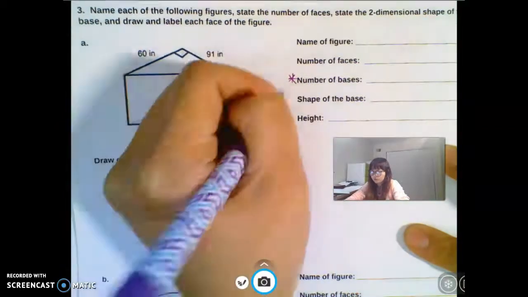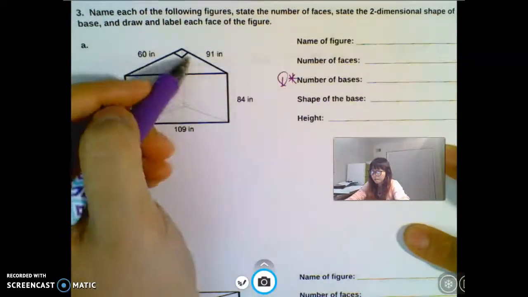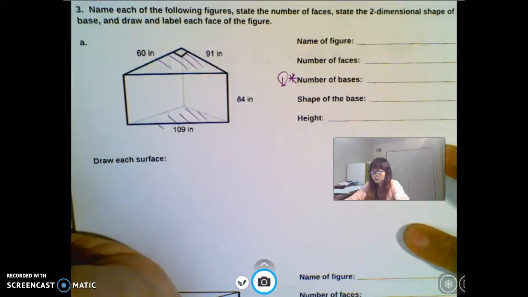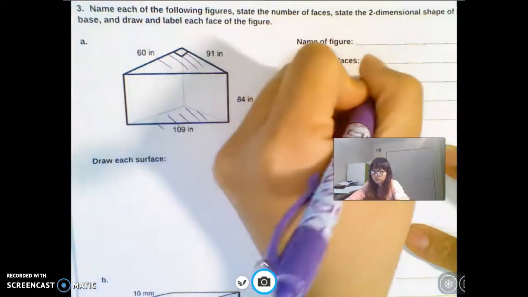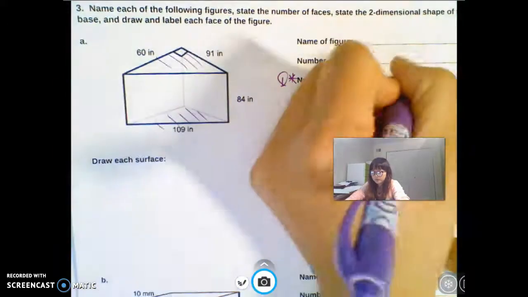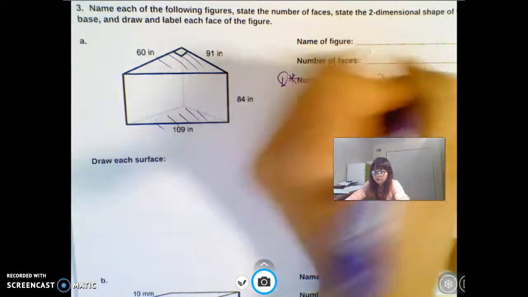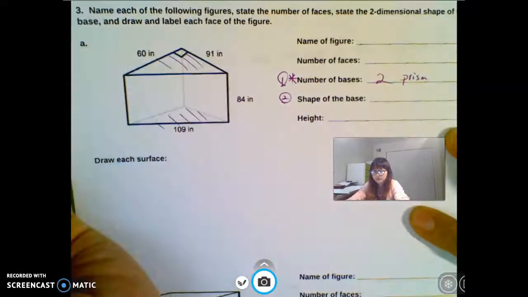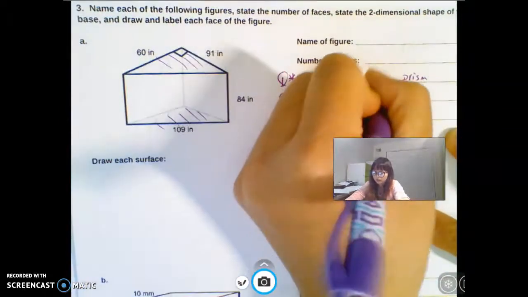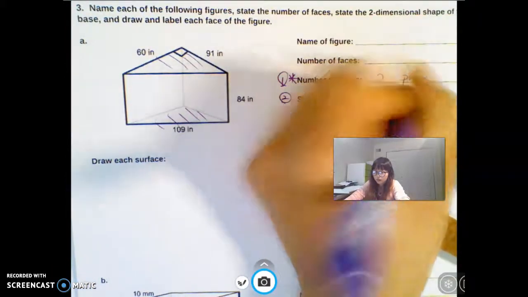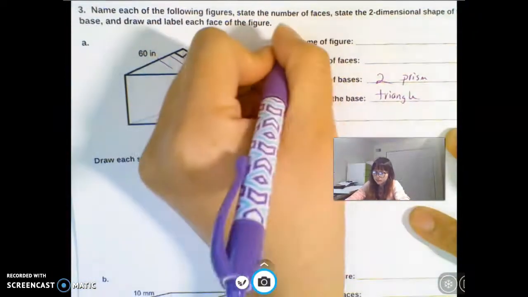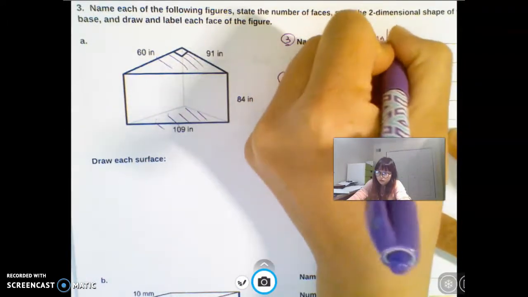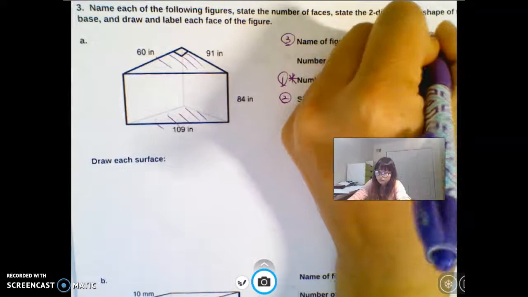How many bases do you see? Bases are congruent parallel sides. Two bases, so it's a prism. So right away, I know it's a prism. What shape is a base? This should be the second question. It's a triangle, right? So the name of the shape, this should be the third part, is triangular prism.